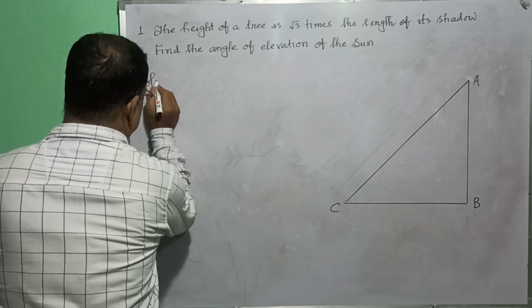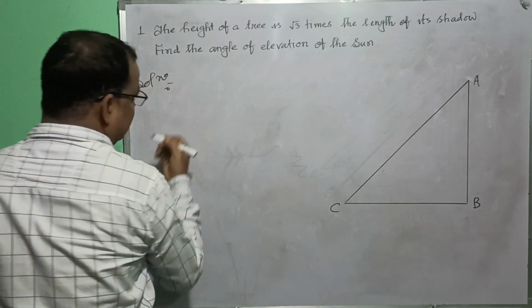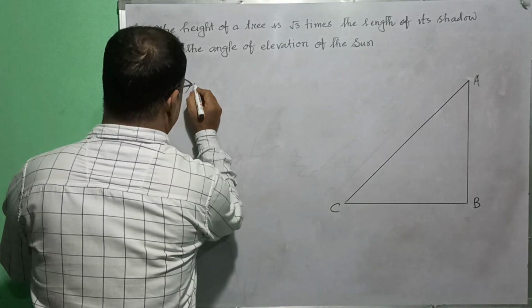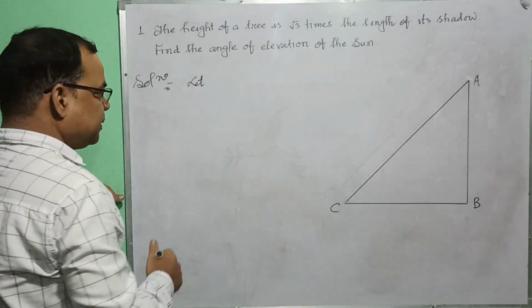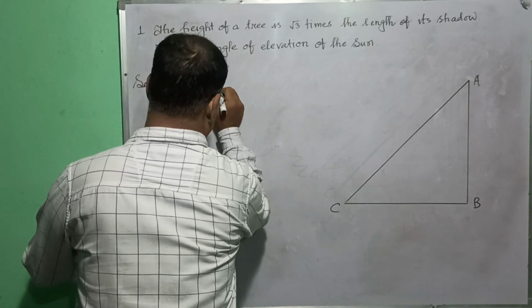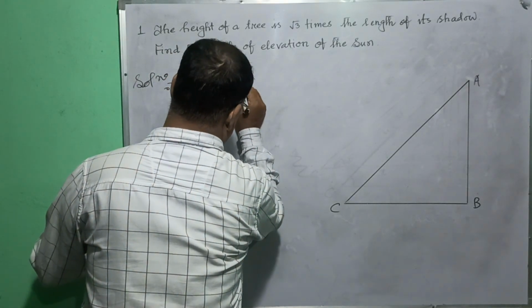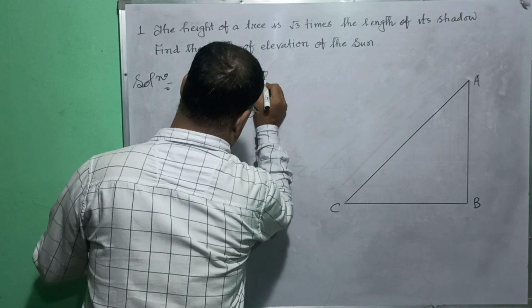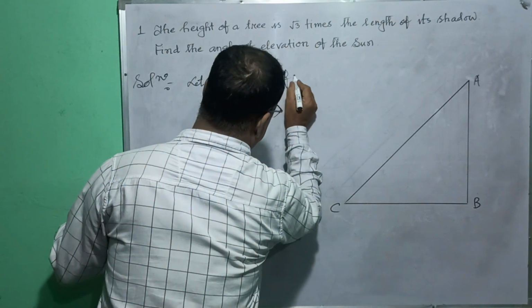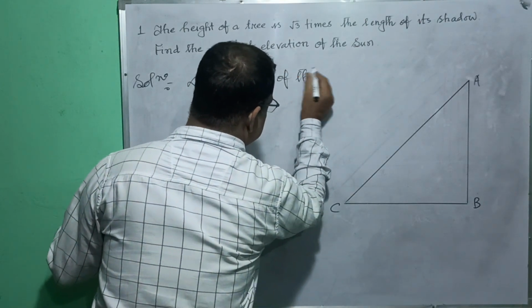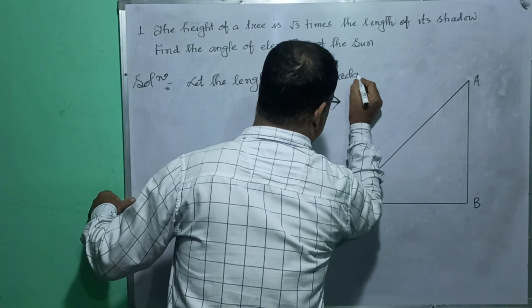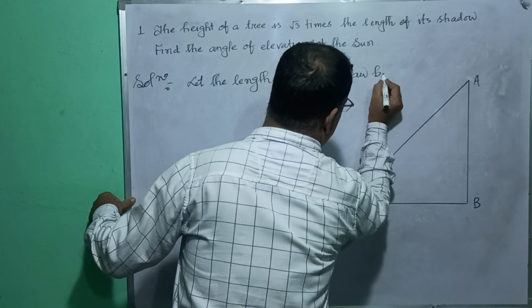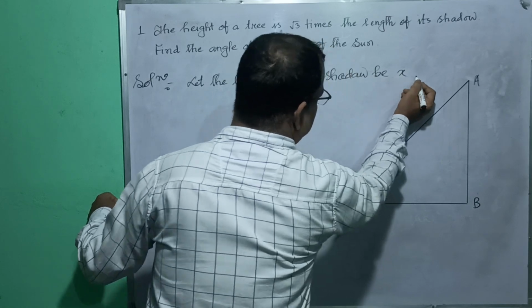So what we are doing, first of all we have to write, let, as the relation is given, let the length of the shadow be x.